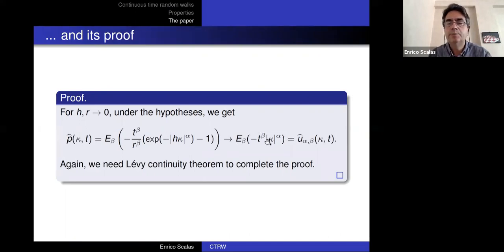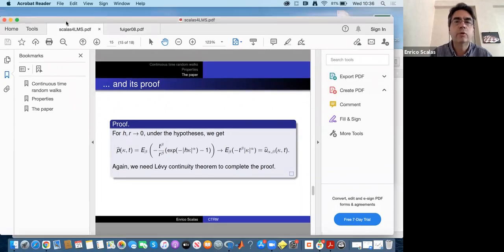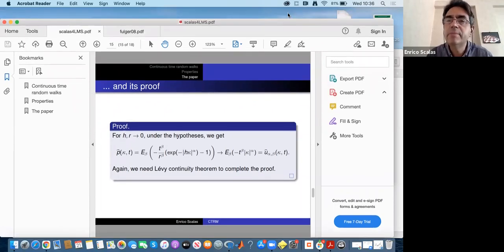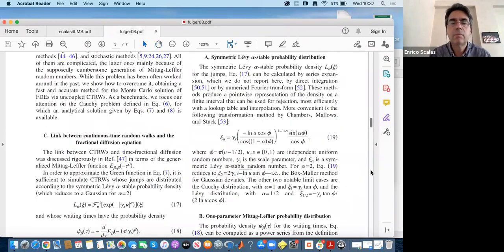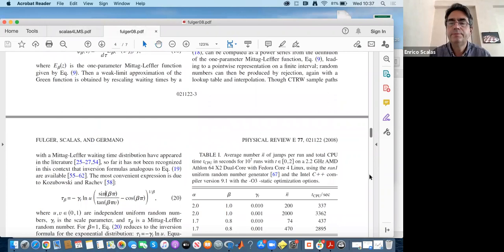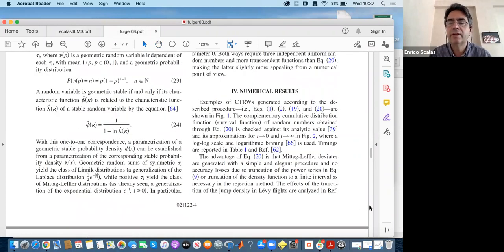Now, let's go back to the paper for a while, and let me see, there is maybe a question. Ah, no question. So, going back to the paper, I wanted to show you some of the results briefly. So it's section 4, numerical results.